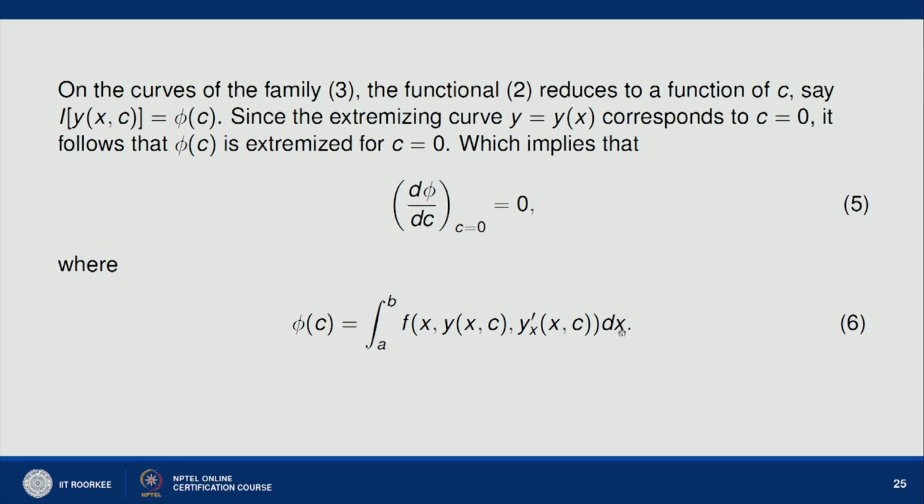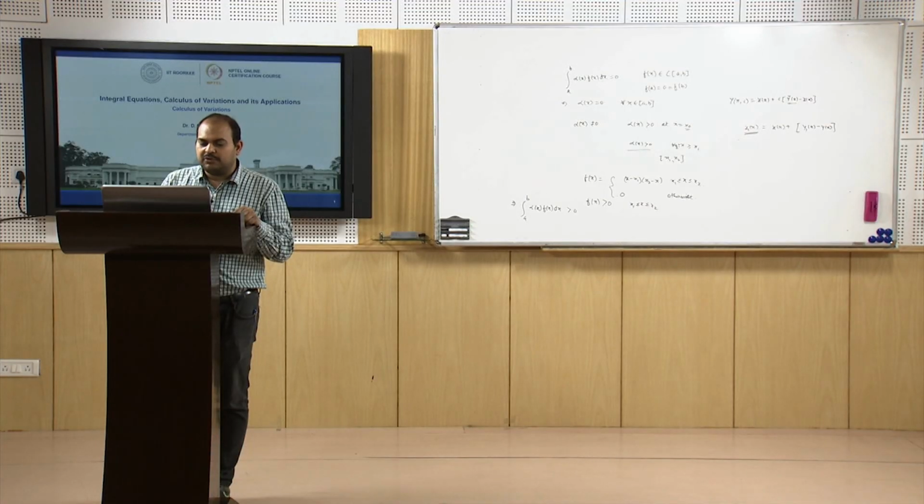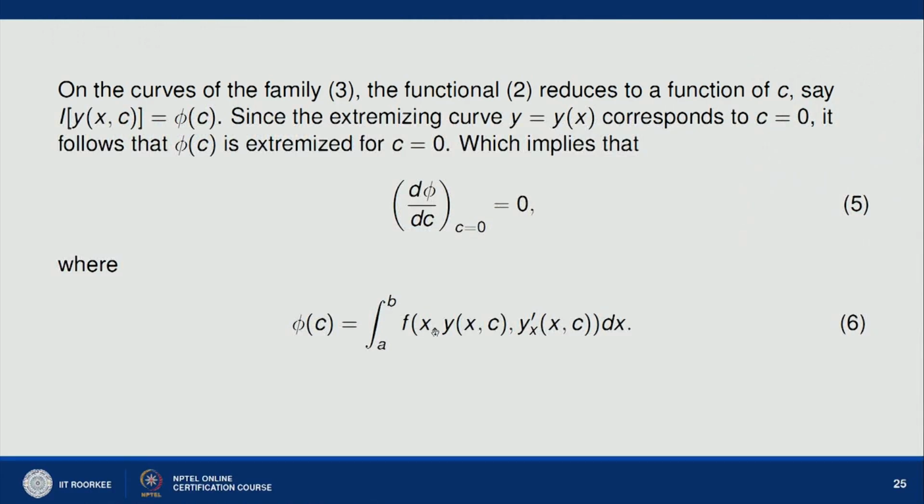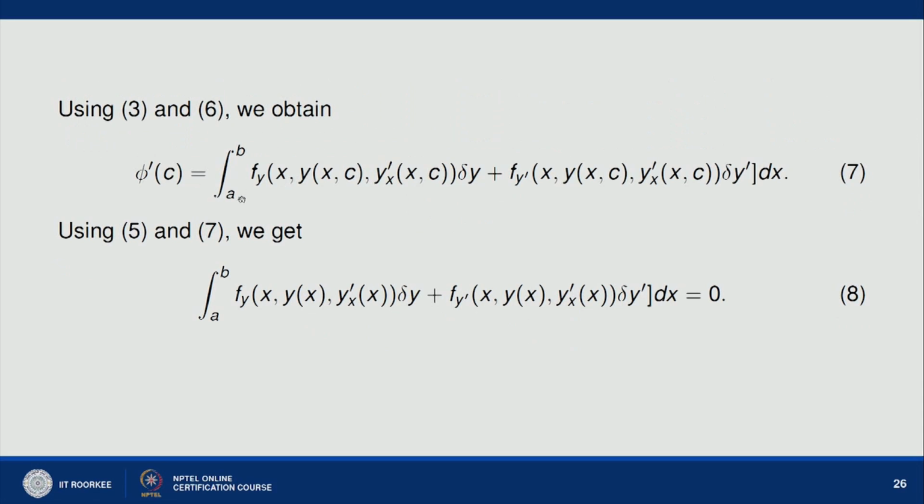We need to find the derivative of phi of c with respect to c. Since f is a function of x, y and y', and c is contained only in these two things, we use the rule for composite functions and write phi dash c as the integral from a to b of the derivative of f with respect to y times the derivative of y(x, c) with respect to c, and the derivative of y(x, c) with respect to c will be what?